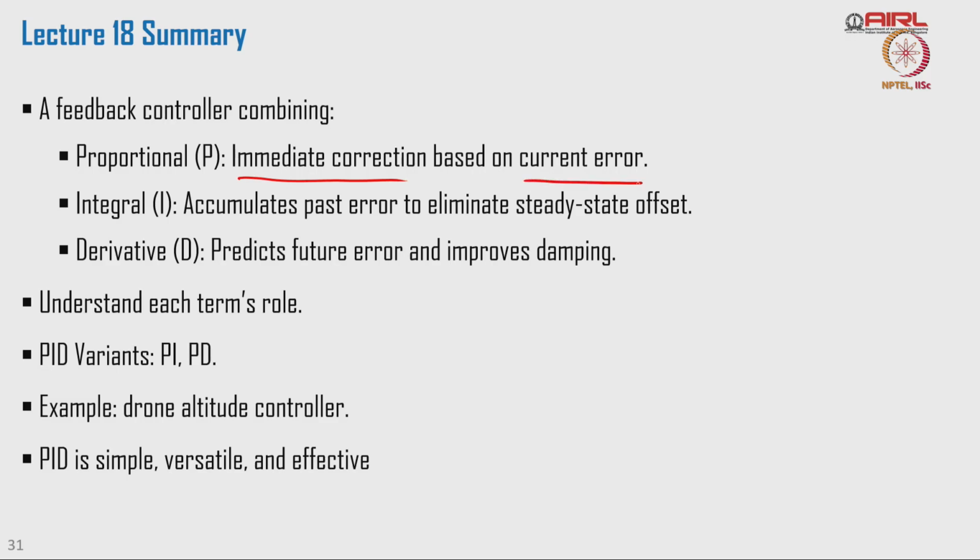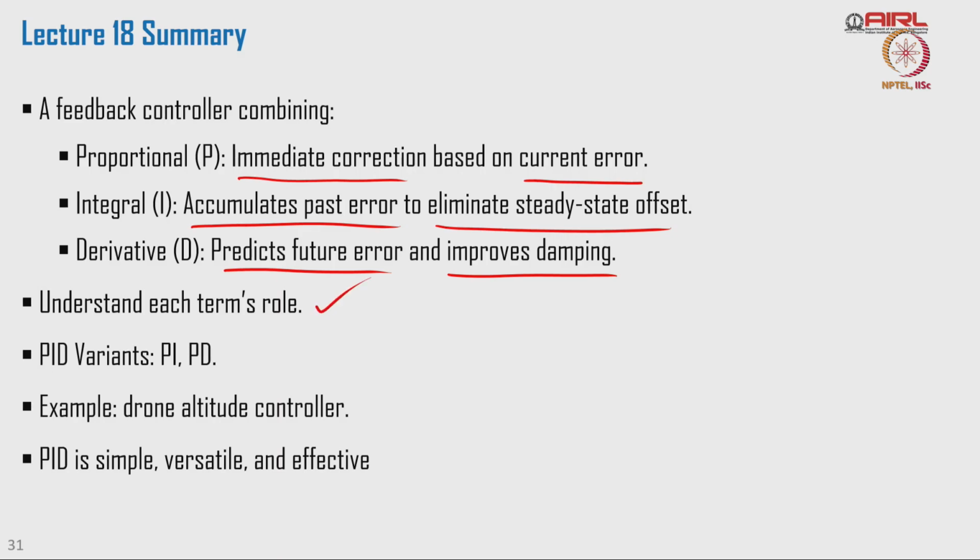Integral control accumulates past error to eliminate steady state offset, and derivative control predicts future error by incorporating the rate of change of error and thereby improves damping. Okay. So, when we improve damping, then the system goes towards stability or decay in oscillation. Okay. So, we understood the role of each term.